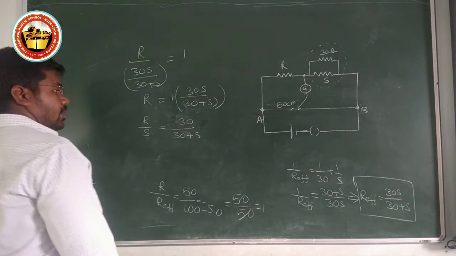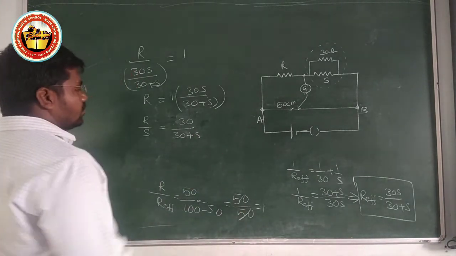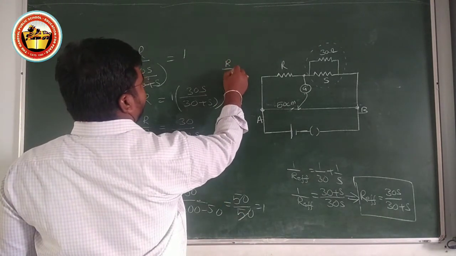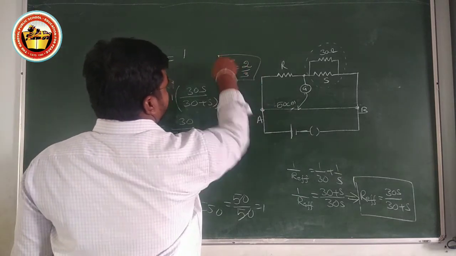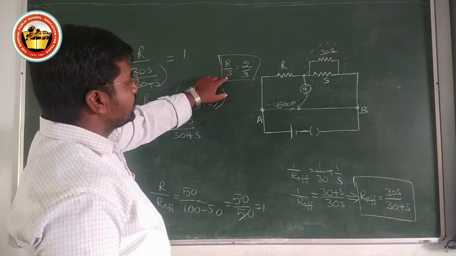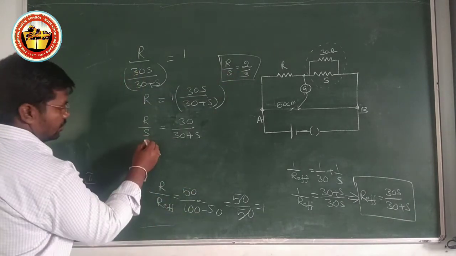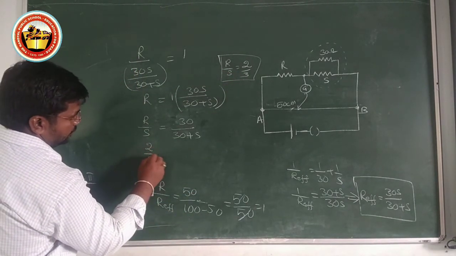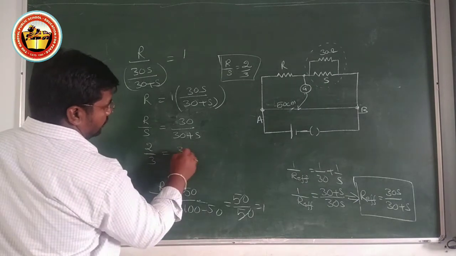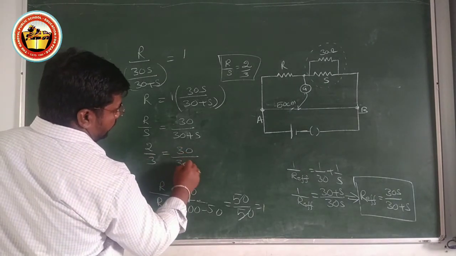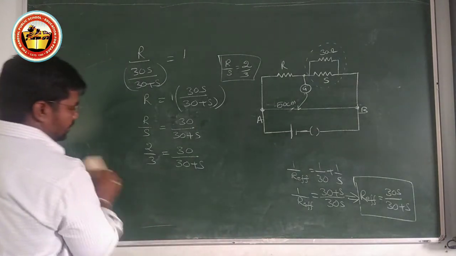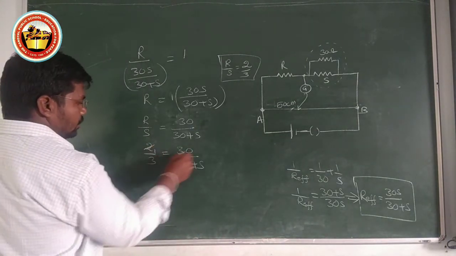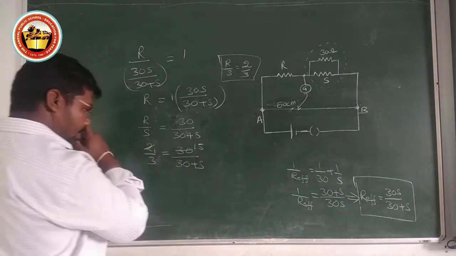From the previous part we have R by S is equal to 2 by 3, so we can substitute 2 by 3 is equal to 30 divided by 30 plus S. 2 ones are 2, 2 15s are 30.